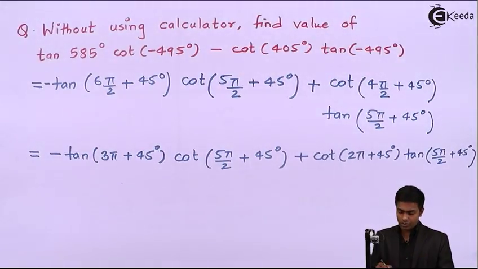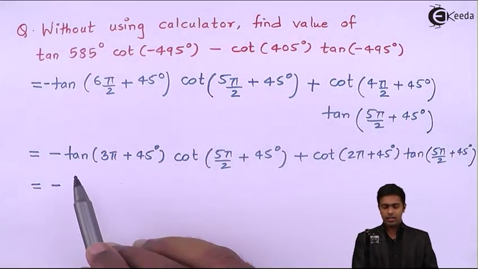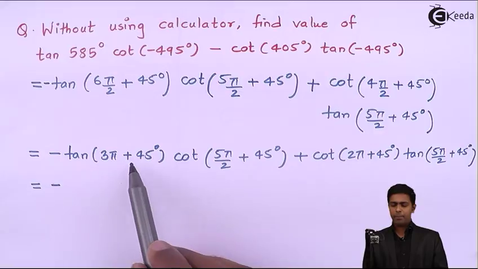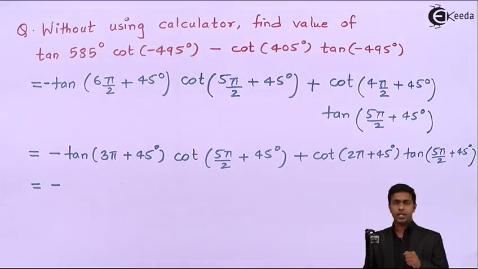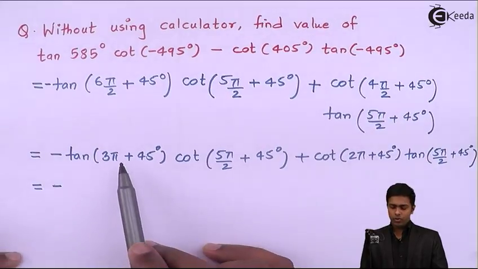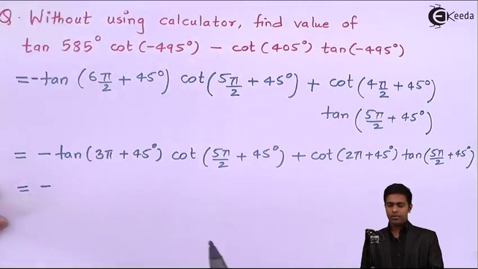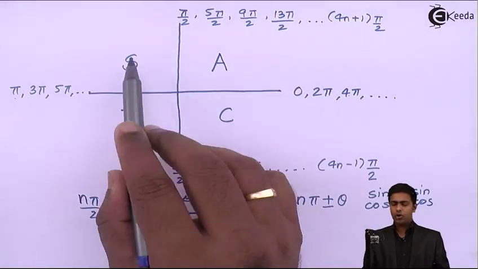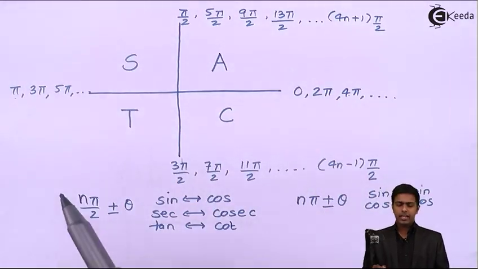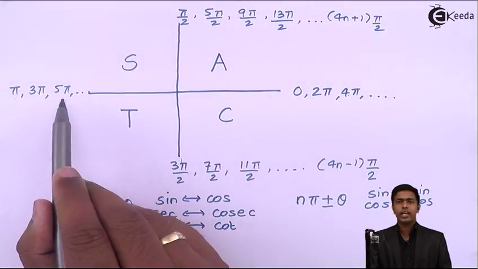Now let's find out the value. So negative sign as it is. Now for tan of 3 pi plus 45 degree I will apply two steps. In first step I will identify the quadrant. So what is the quadrant of 3 pi plus 45 degree? If you see the quadrant system, the angle 3 pi lies on the negative direction of x axis.